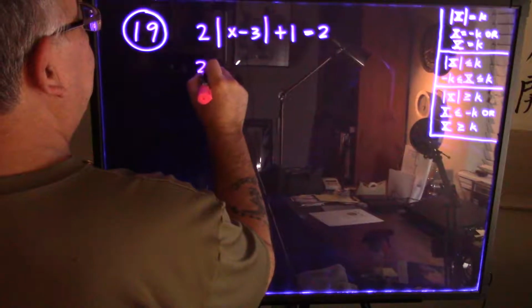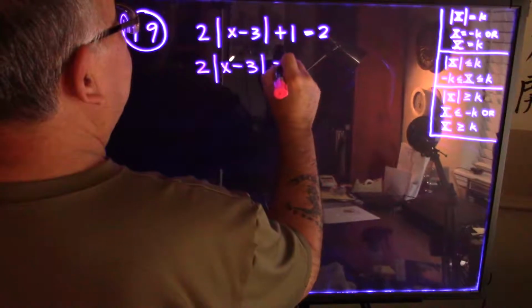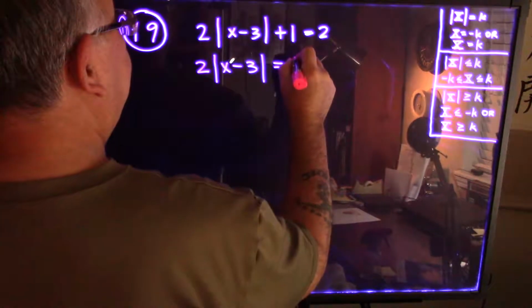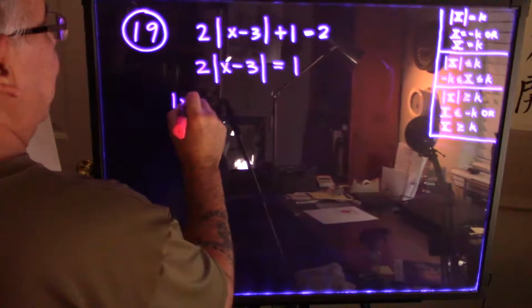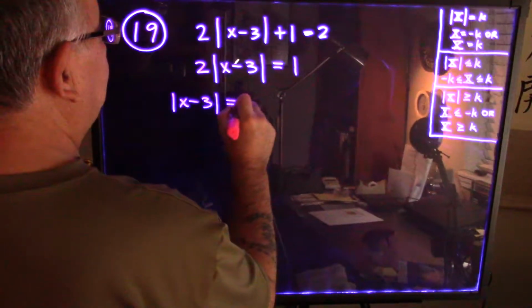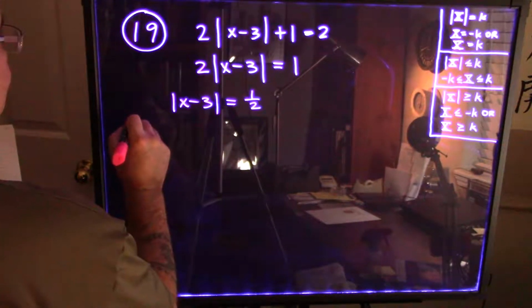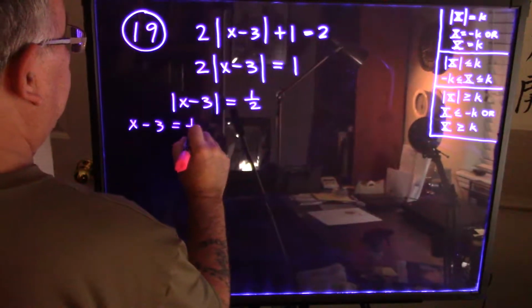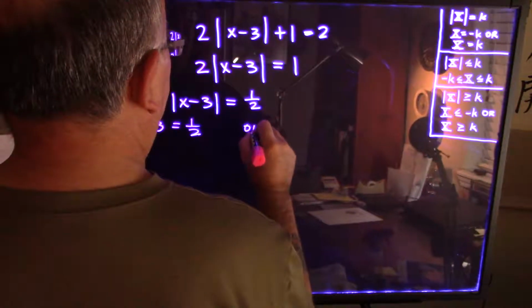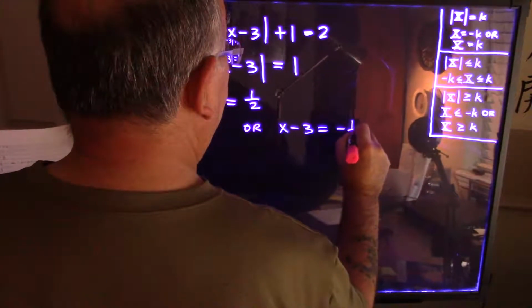So you get 2, absolute value of x minus 3 equals 1. Divide both sides by 2, so you get absolute value of x minus 3 equals a half. Alright, so x minus 3 equals 1/2, or x minus 3 equals negative 1/2.